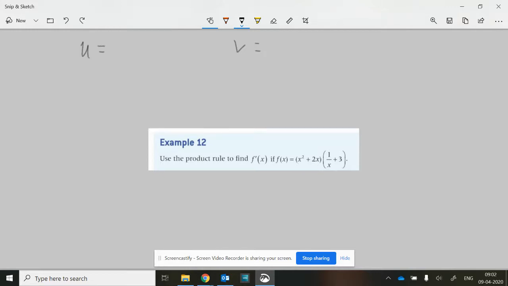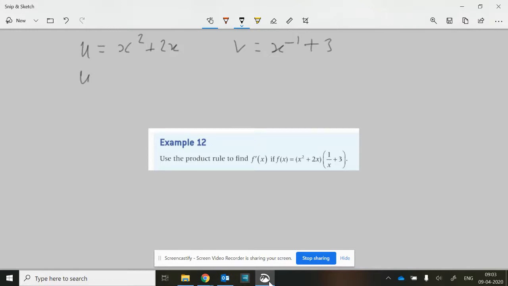So they've said that U is equal to x squared plus 2x, or you can call that U of x if you want, and V is equal to, I'm just going to write it in the index form here, x to the minus 1 plus 3, because it's easier to differentiate.